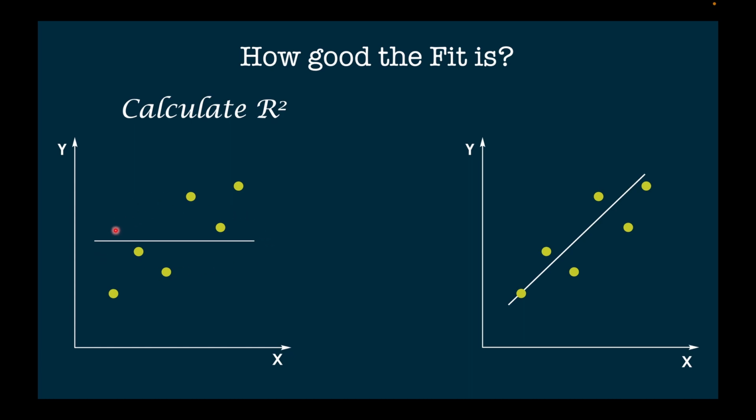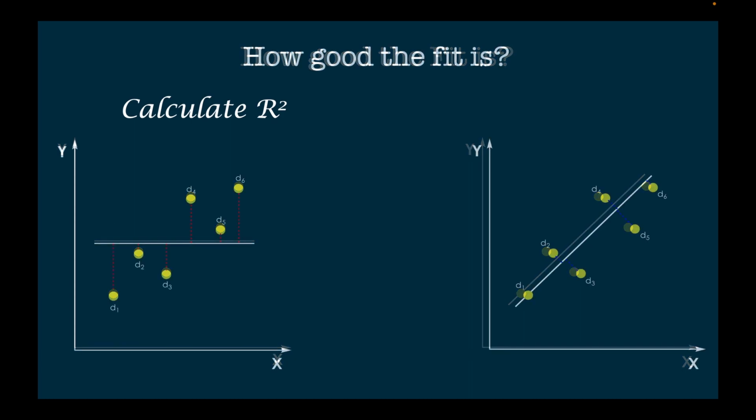For that, we again need to calculate the sum of squared residues for both these plots, and then calculate R square based on this formula, which is the difference between the sum of squared residues of the mean and best fit line divided by the sum of squared residues of the mean line.